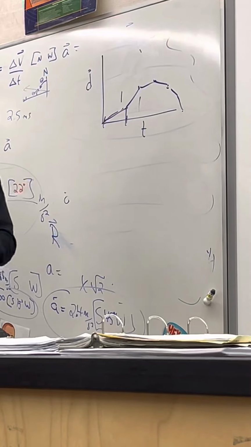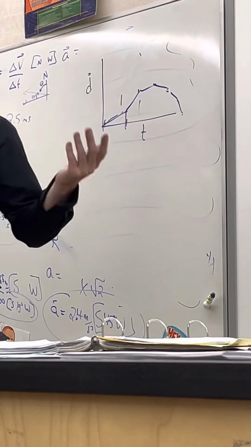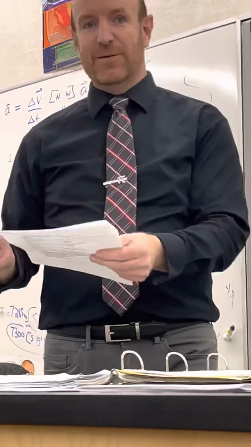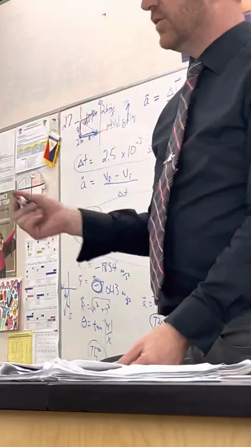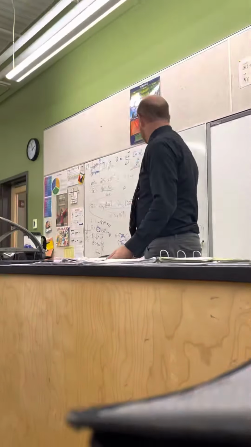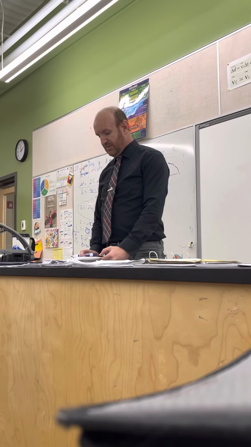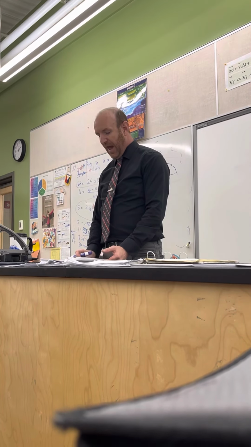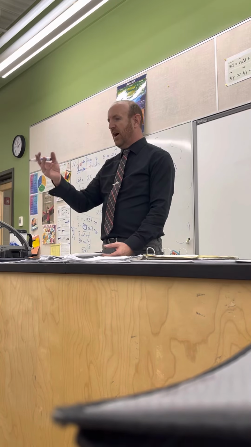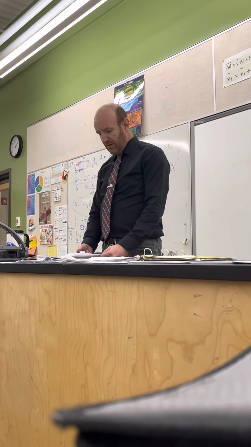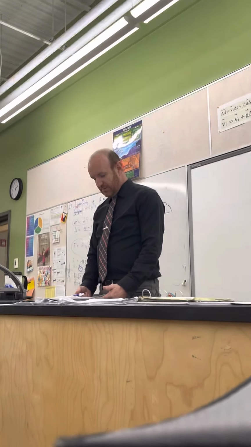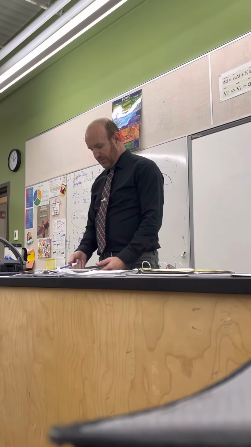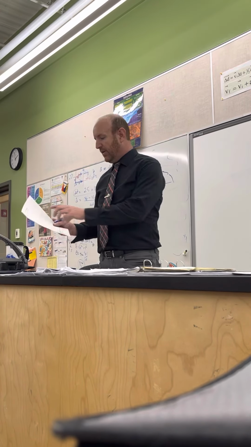The question is going to say, from this graph, and this is exactly what the question says: What is the total displacement? What is the distance? What is the average velocity at a certain time interval? Make sense? That's the big question in the middle of this page.